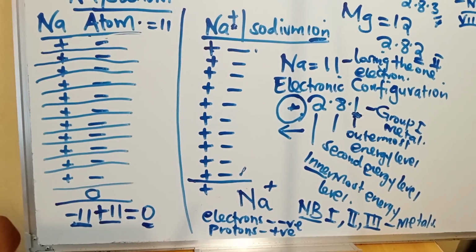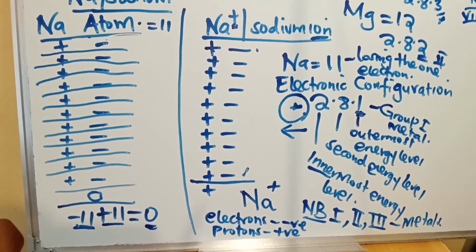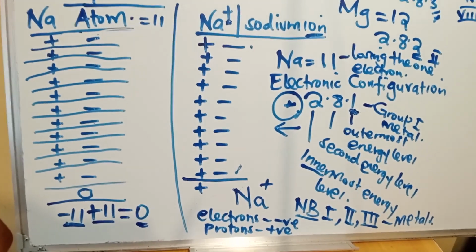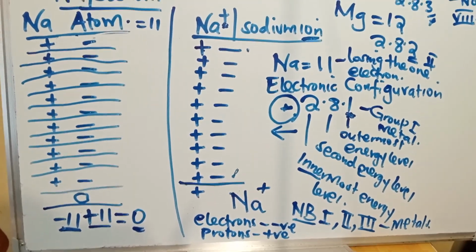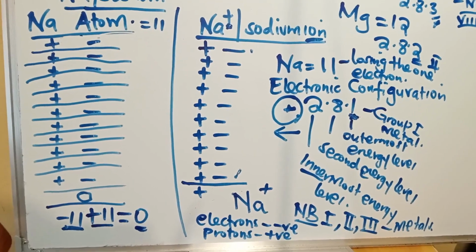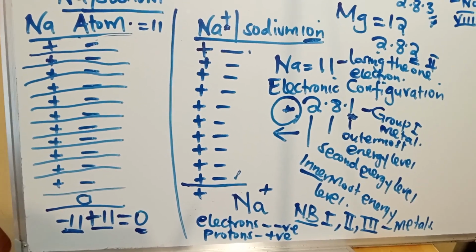Sodium being a metal reacting by losing an electron, the losing here means losing to give out to another atom that is in need of the one electron, like chlorine. Sodium loses one electron, chlorine requires to gain one electron.